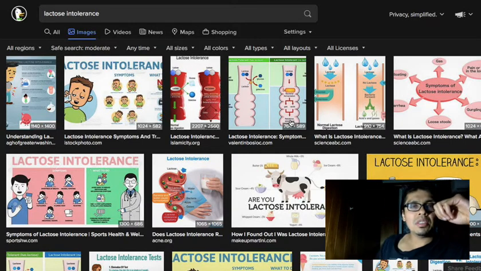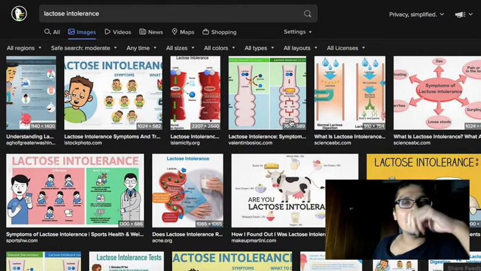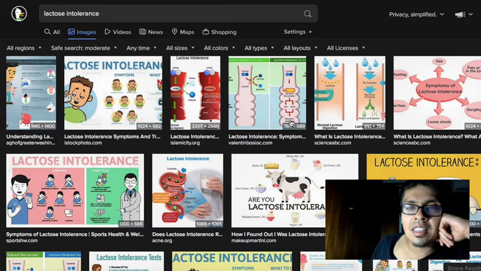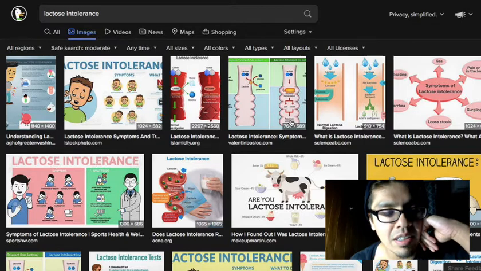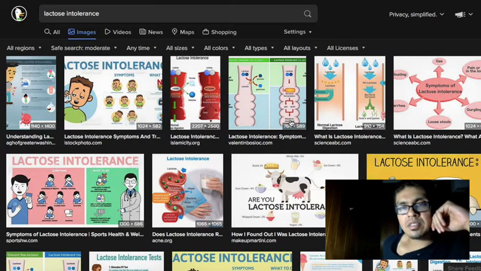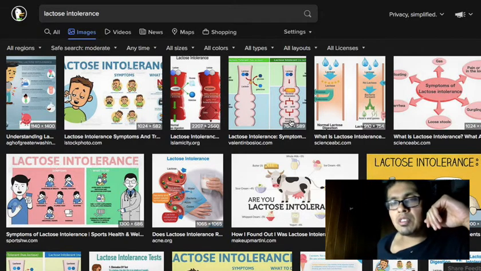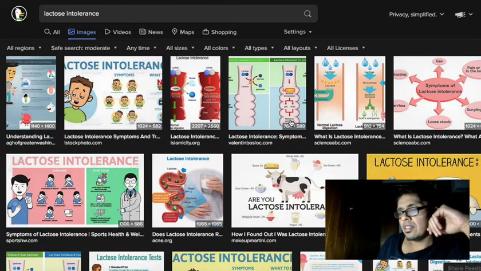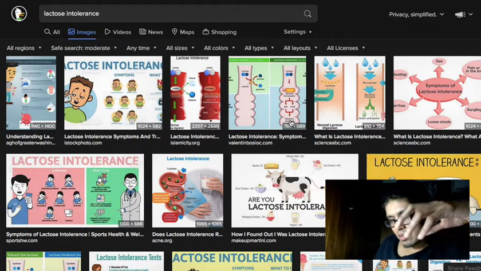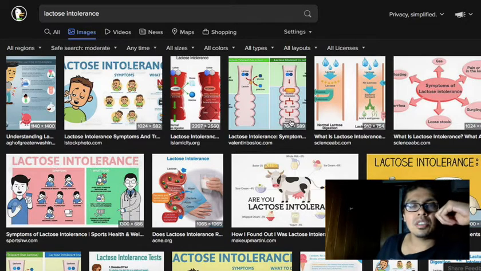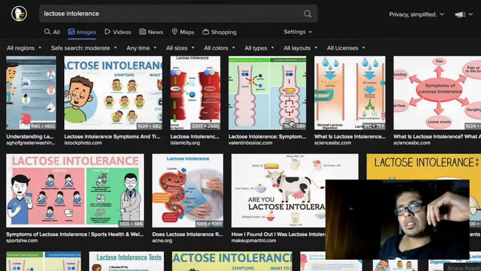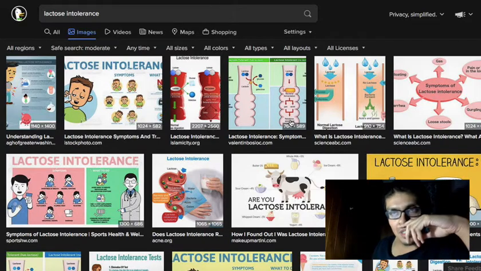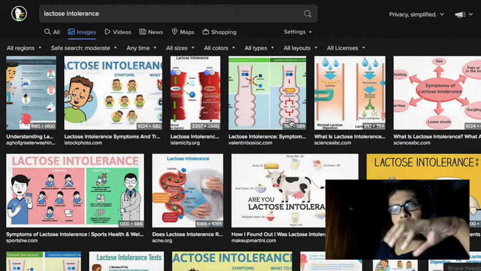lactose intolerance, which means you just don't have the enzyme lactase in sufficient quantities in your digestive tract. You have gut bacteria that require these sugar inputs to function. So essentially, with lactose intolerance, the lactose won't be broken down.